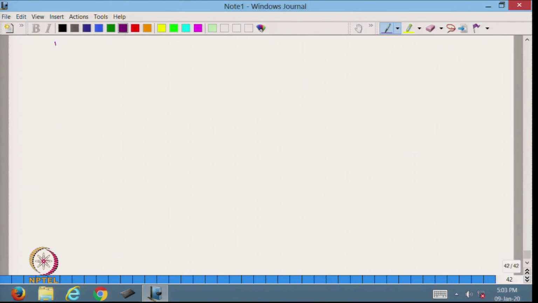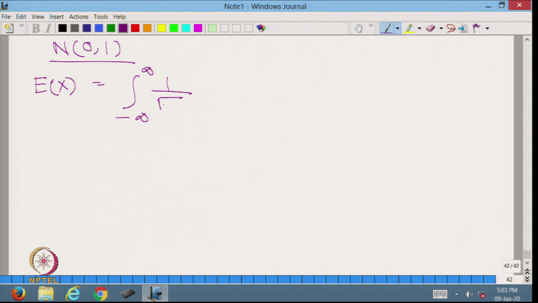Let us now consider normal 0, 1. Expected value of x is equal to the integration from minus infinity to infinity of 1 over root 2 pi e to the power minus x square by 2 dx, multiplied by x.